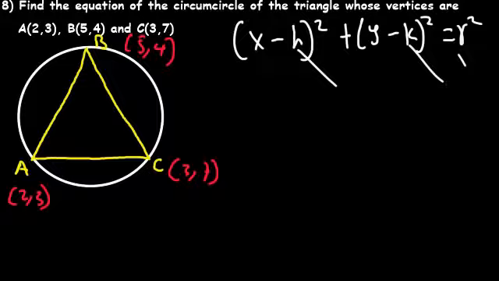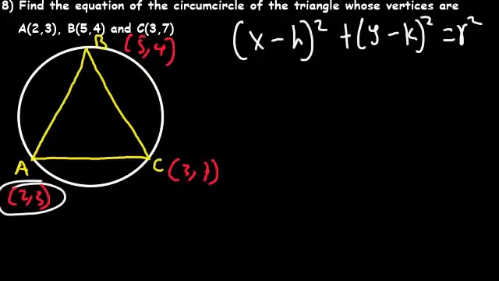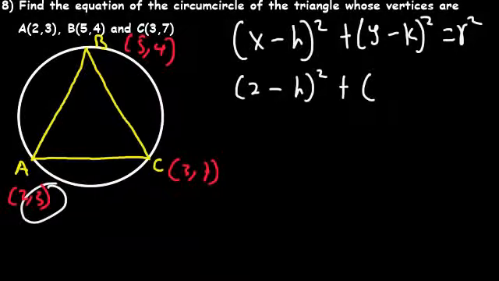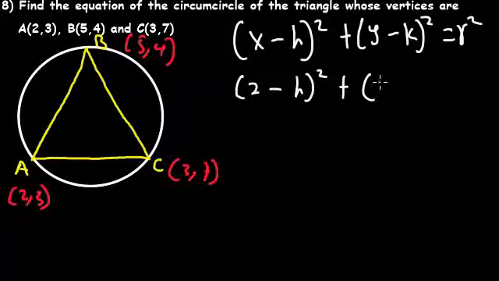So let's begin. At A (2, 3), we have (2 minus h) all squared plus (3 minus k) all squared equals r squared.